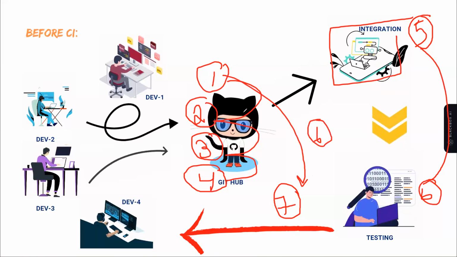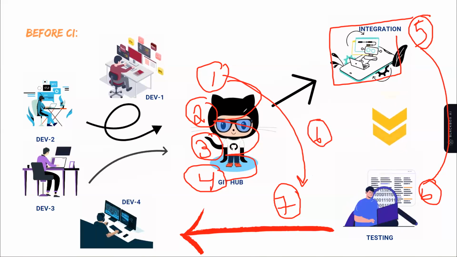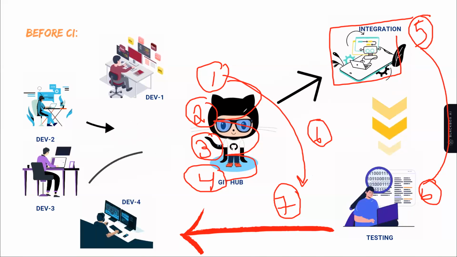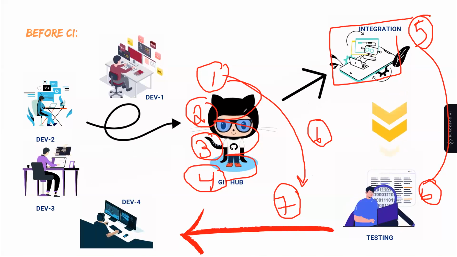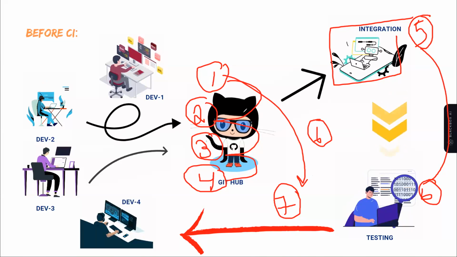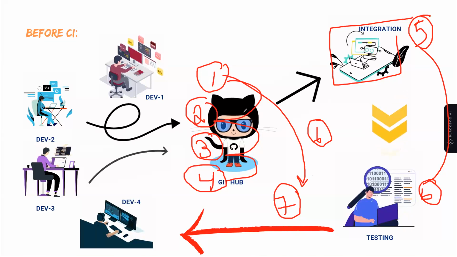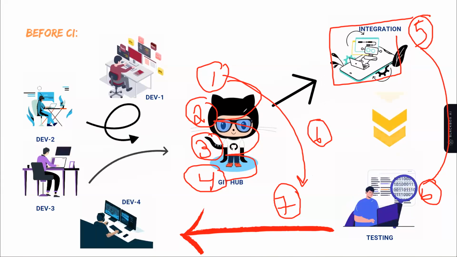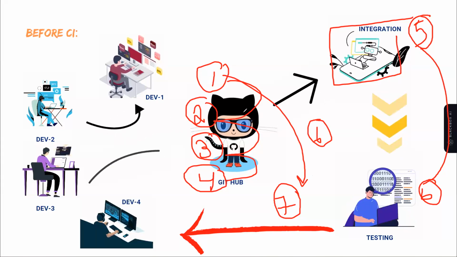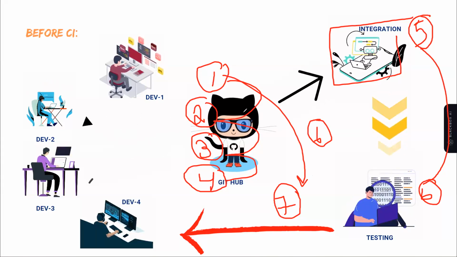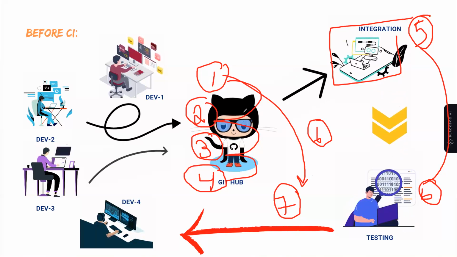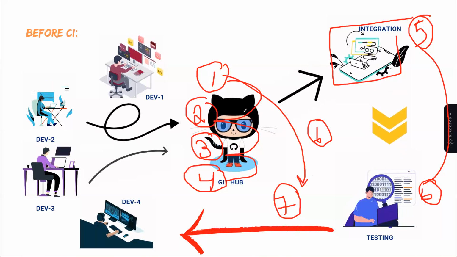That means these 6 days are a complete time waste, right? If the developer gave the code on day 1, the tester might find the bug on day 1 itself. But the tester finds it on day 7, so for all these 6 days the developer is not working on anything, wasting a lot of time. If the tester had tested on day 1 and found the bug, the developer might give the new code by day 2.